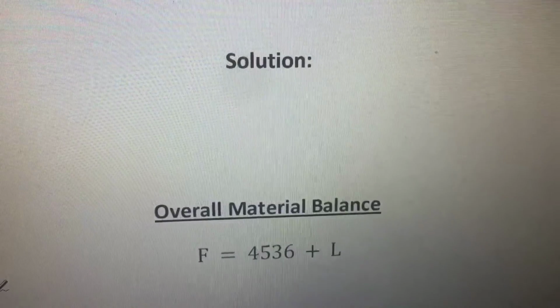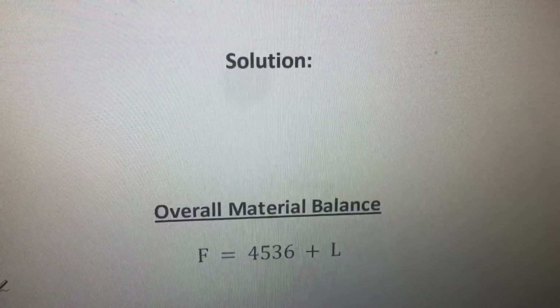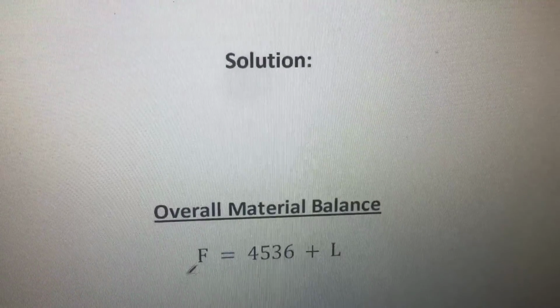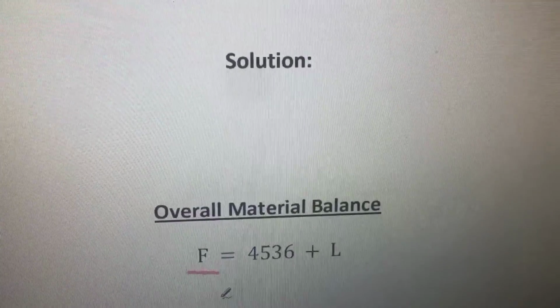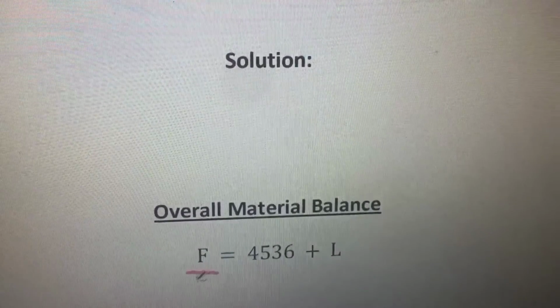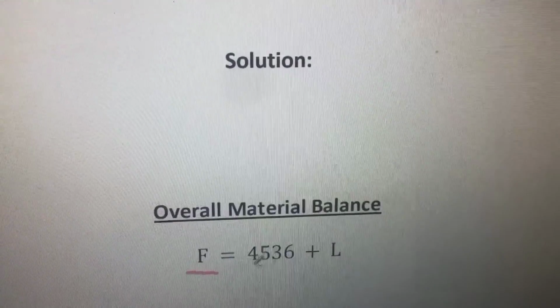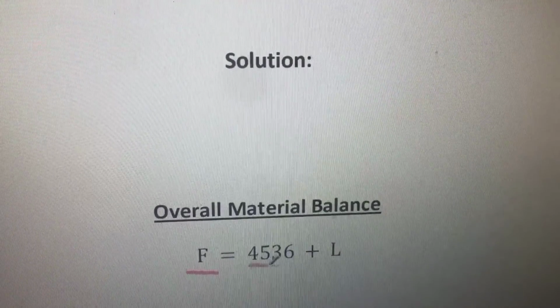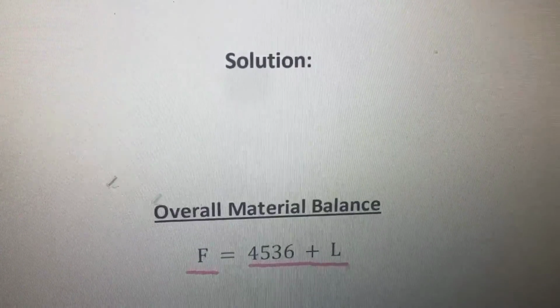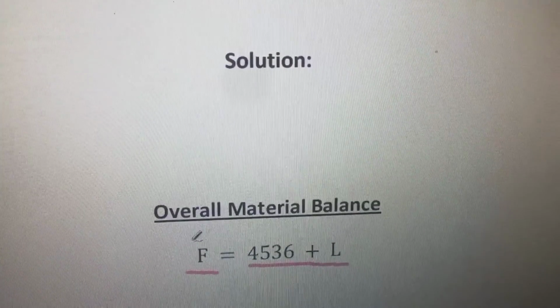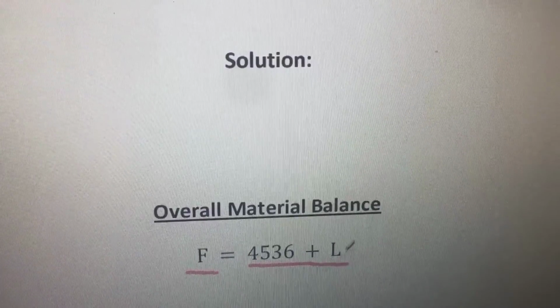So in our equation, we have F, which is the feed. It is the one entering our system, as we can see in our free body diagram, equal to 4,536 plus L. 4,536 is the water vapor that is leaving our system, and L consists of the solute and the water.